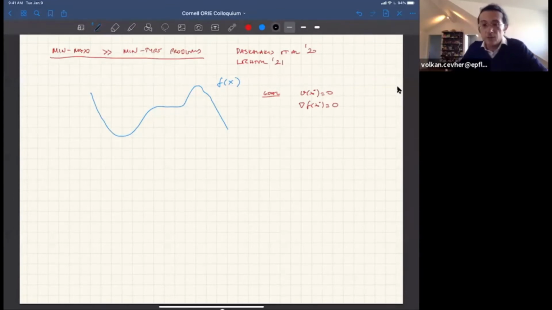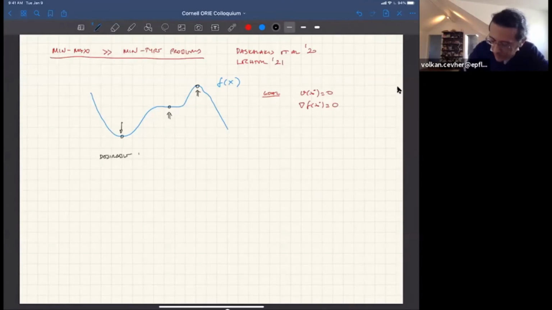So the points that I'm interested in can be summarized as these points. And what are these points? The gradient is 0. And obviously, if you're interested in minimization problems, this is a desirable critical point, whereas this one and this one are not desirable critical points. But how do we quantify these desirable points? I'm going to call them stable sets.